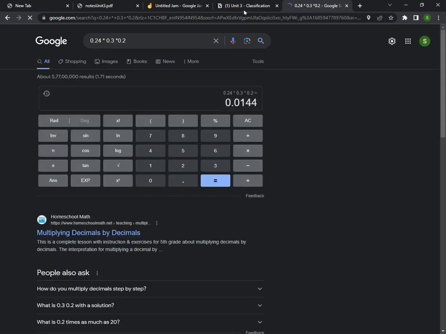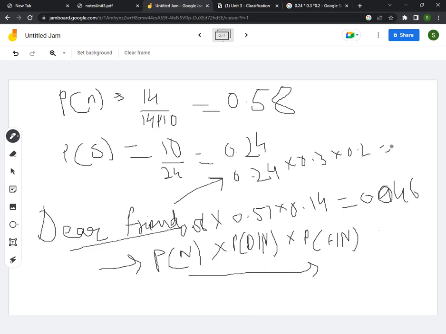So the probability for normal is greater than this one. We will say that "dear friend" is more probable in a normal email than in a spam email. So this would be our answer for the given problem.